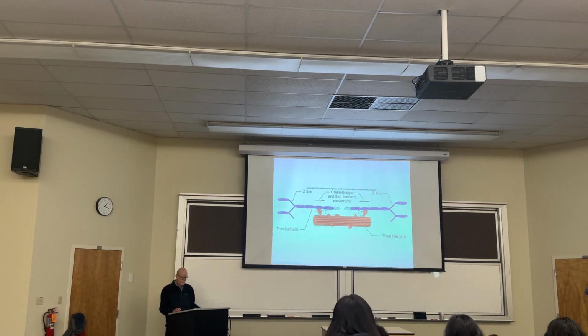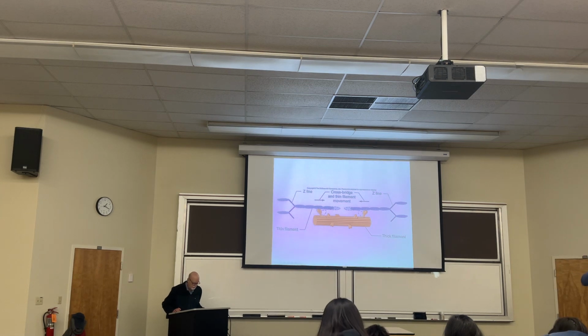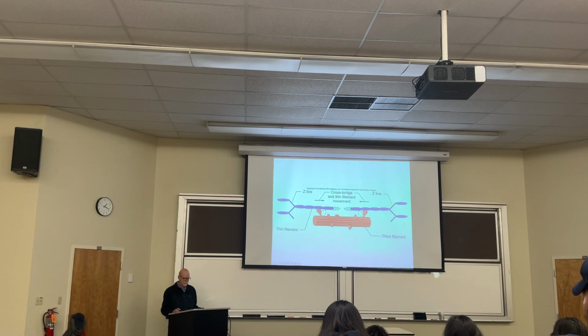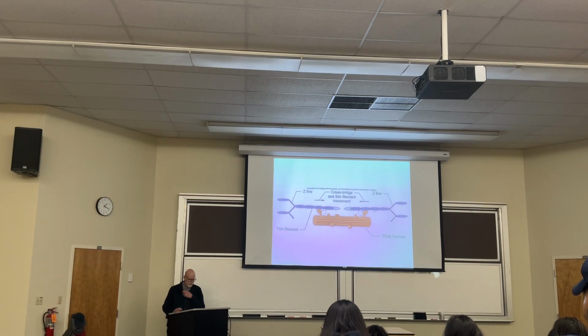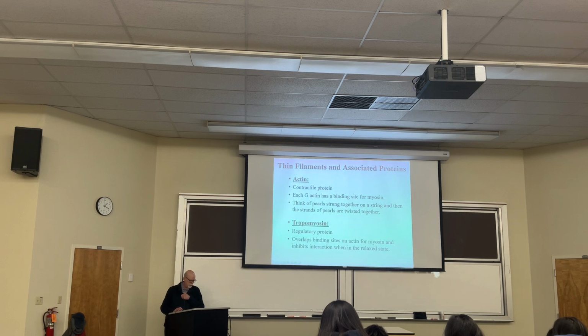So what happens is this cross bridge is going to bind to the actin and slide it towards the center of the sarcomere, and it generates a force, and it disengages and binds a little bit further down the length of the actin and causes this contractile force. Here's our actin.